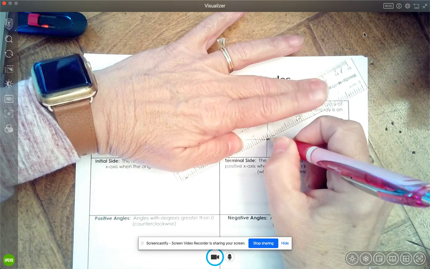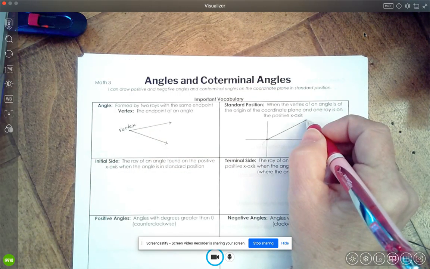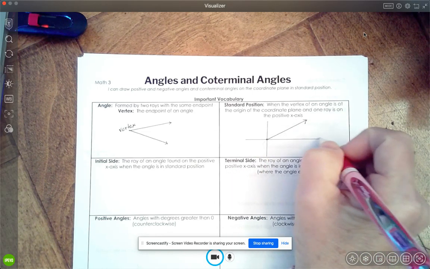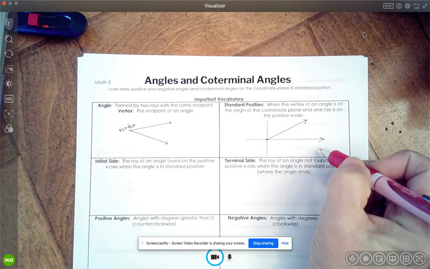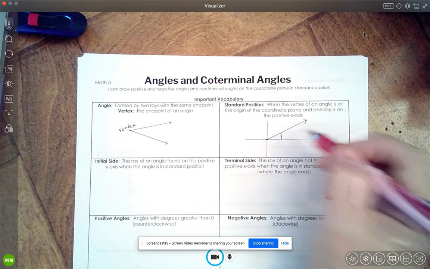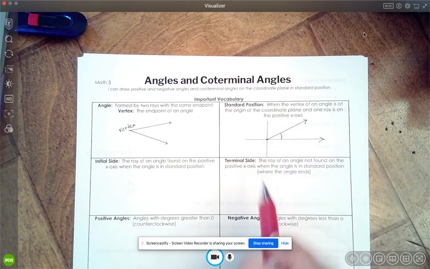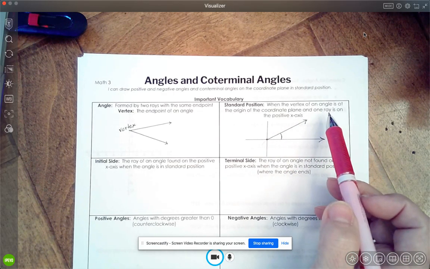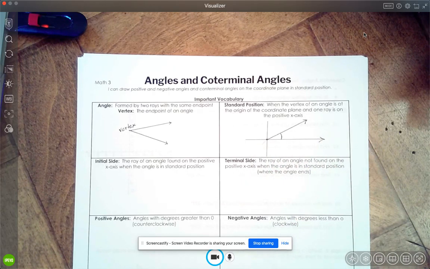One side is the x-axis, so let's say this is one side here. This would be your angle. This is called standard position when the vertex of the angle is at the origin of the coordinate plane.